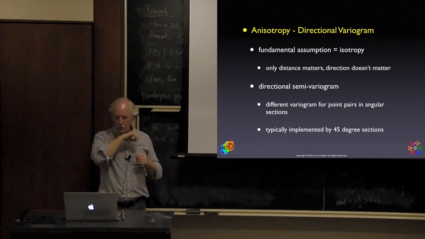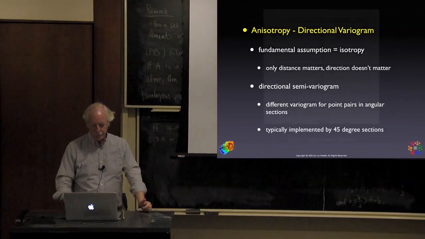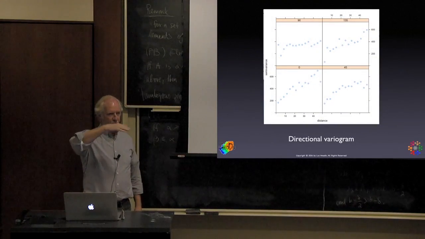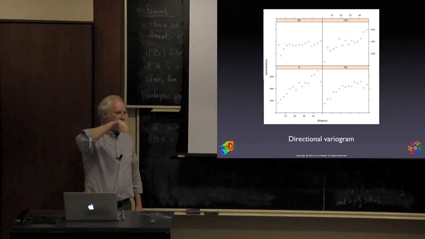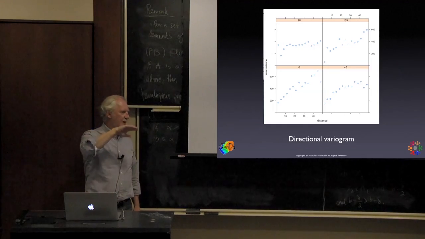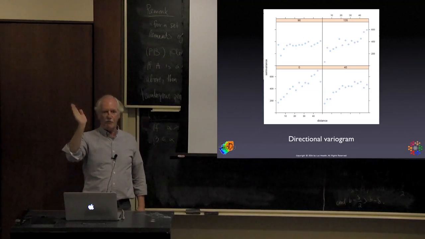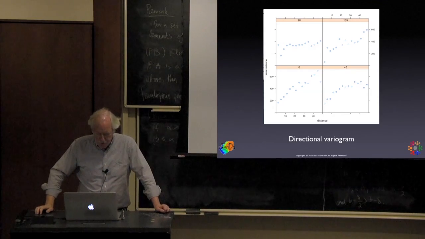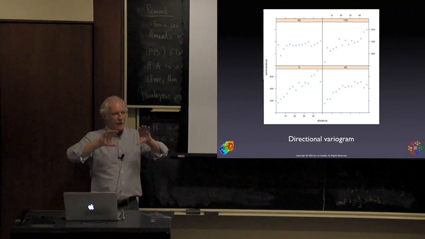And typically you do this in 45-degree segments, and then you only have to do half of them because the space flips around. So if you flip the space around, the 180 to 360 will be exactly the same as 0 to 180. So you go 0 to 45, 45 to 90, and so on. So you look at these different classifications, and then so we have a double binning, right?